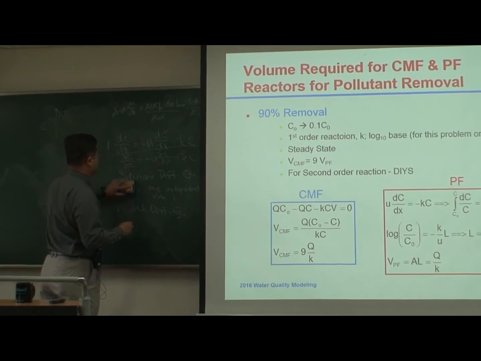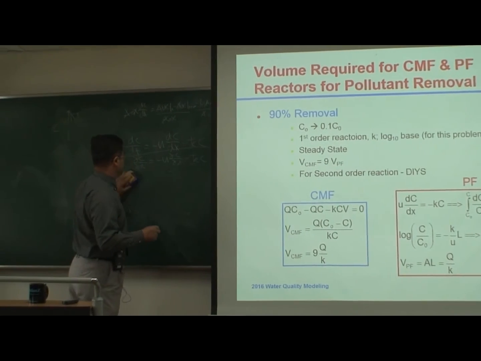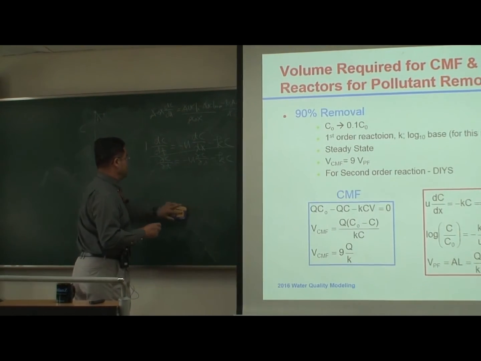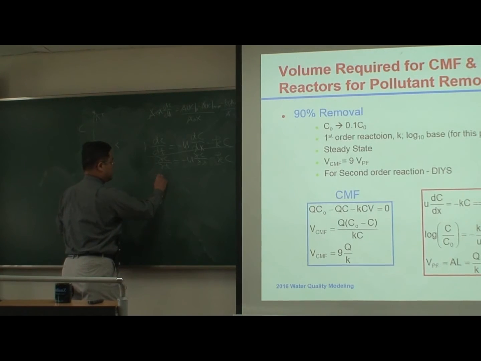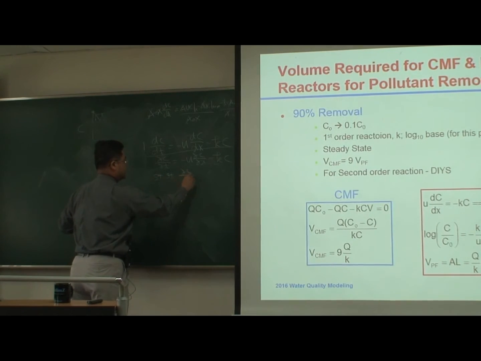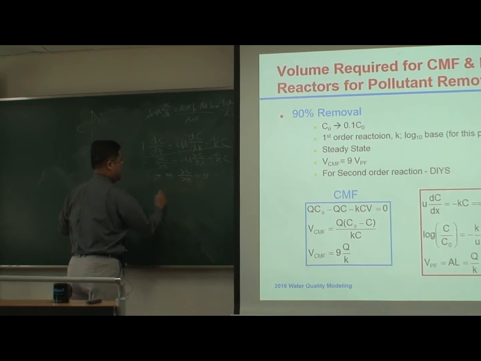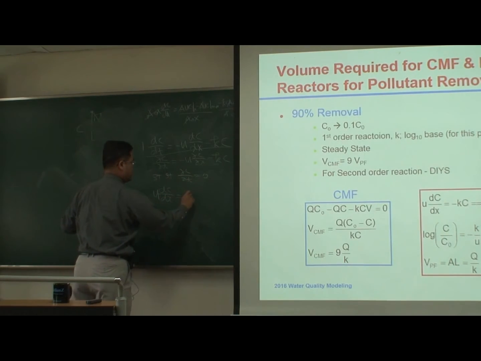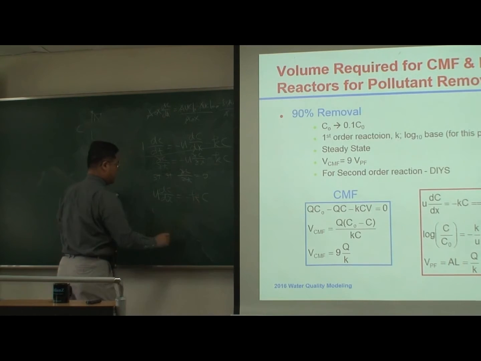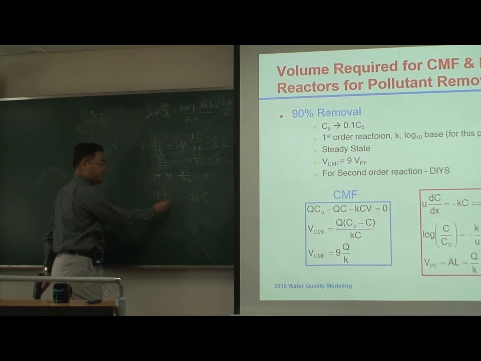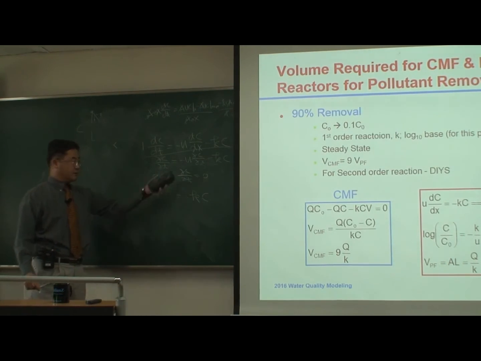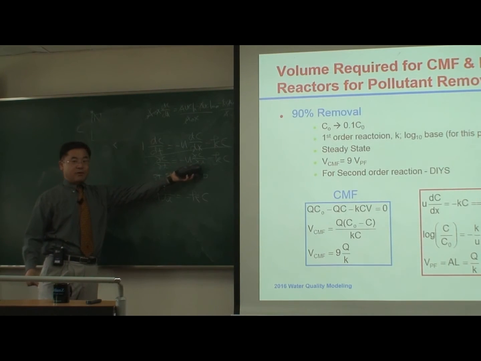Let me go back to this equation right here, at steady state. Then this is 0, then U dC/dx equals k times C. Since I have one independent variable, I did not use the round ∂, I use d.